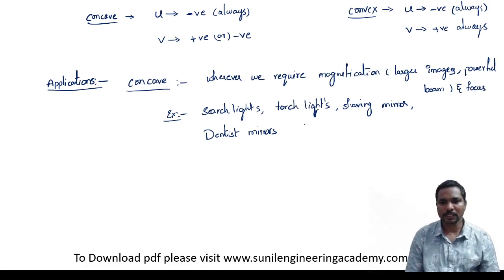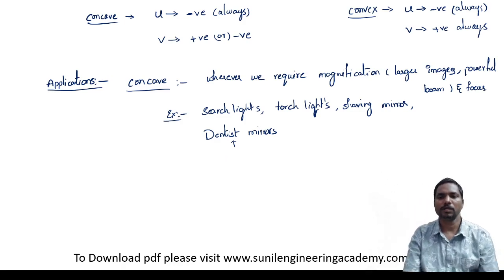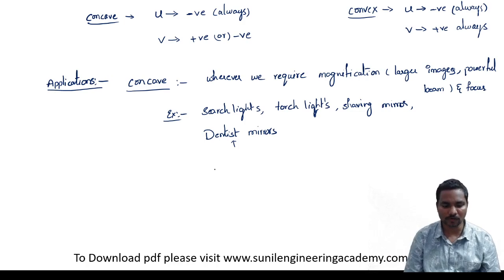In the case of the dentist mirror, the dentist has to focus on the particular tooth which has a problem. So whenever focusing is required, we also use the concave type of mirror.